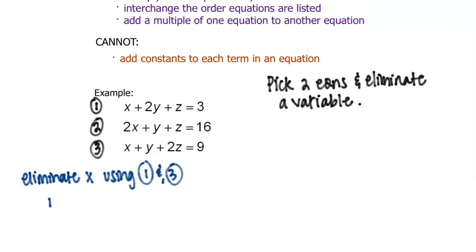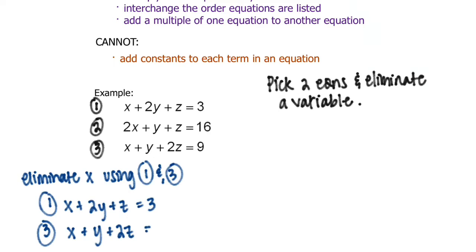So equation 1 is x plus 2y plus z equals 3. And equation 3 is x plus y plus 2z equals 9.